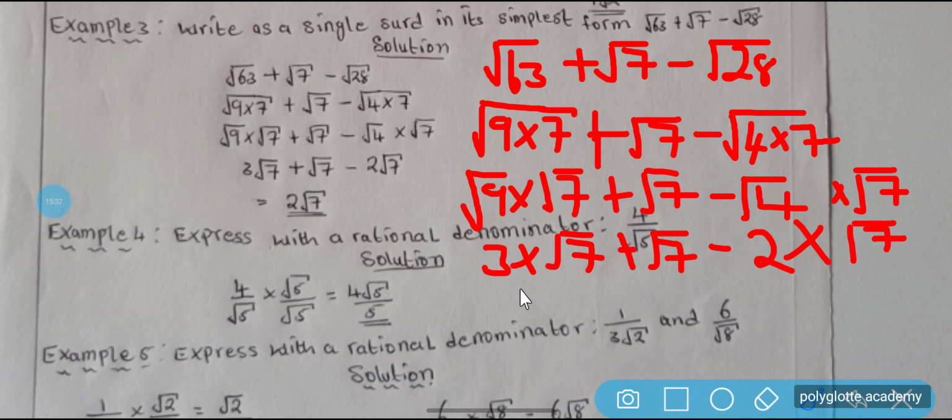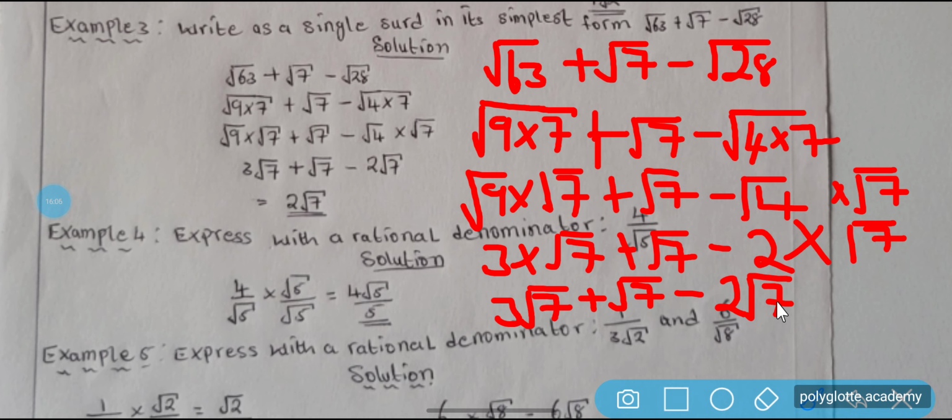So we're going to have 3 root 7 plus root 7 minus 2 root 7.